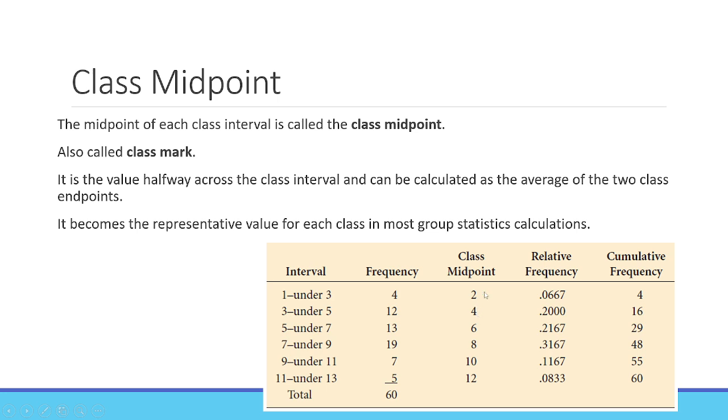Like this, we find the class midpoint, or it is also called the class mark. So these are some definitions we should know. Why is this class midpoint important? It is important because this midpoint becomes a representative of the class interval.